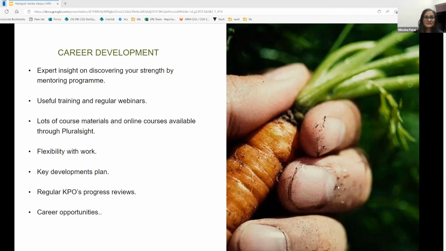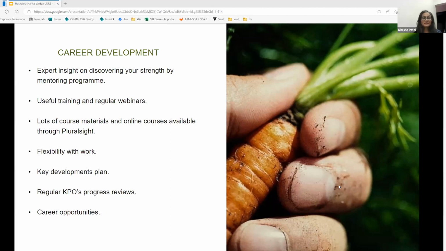Also, to develop your skills, there is lots of training available: regular webinars, course materials, and online courses suggested for you via Pluralsight. The company can recommend those, and they can be done within a team by talking to your line managers. So how can you move forward and grow your career here at LexisNexis?